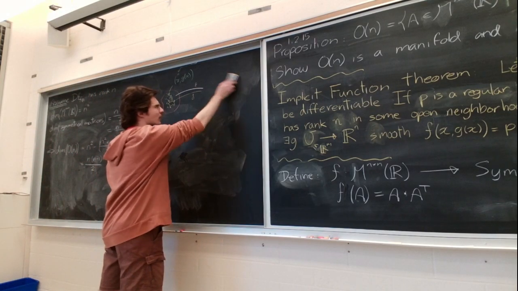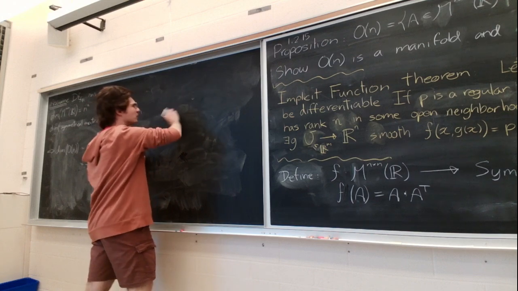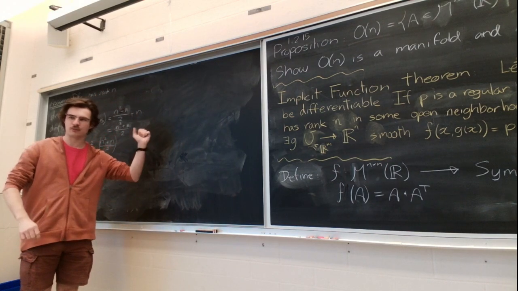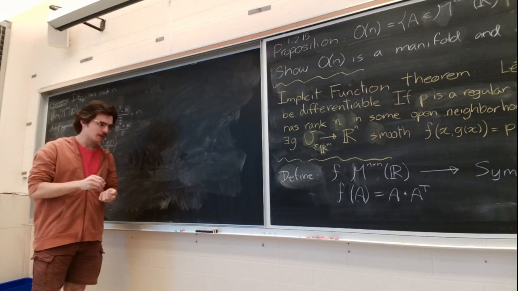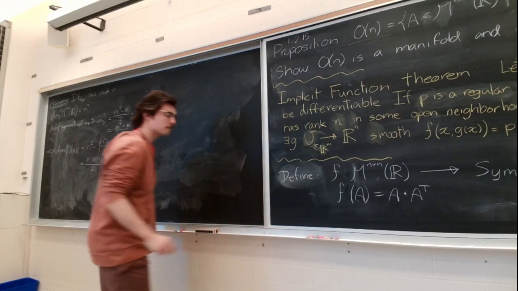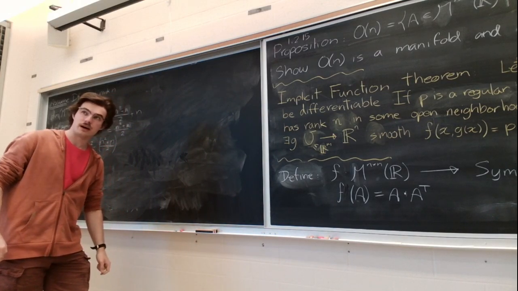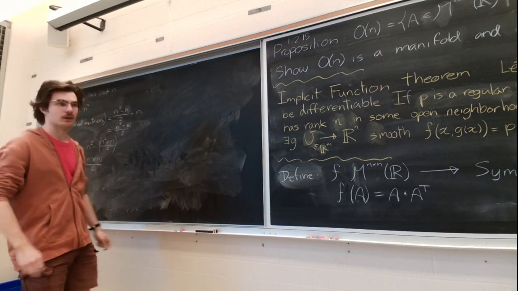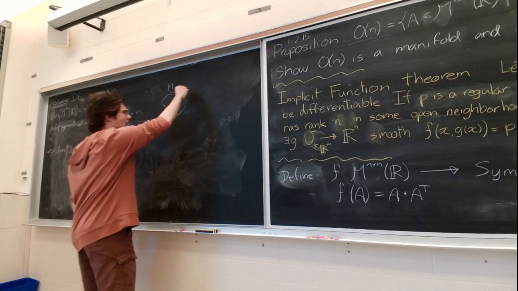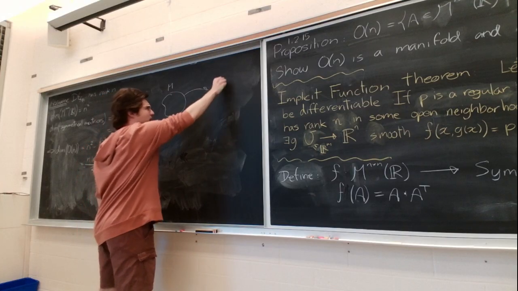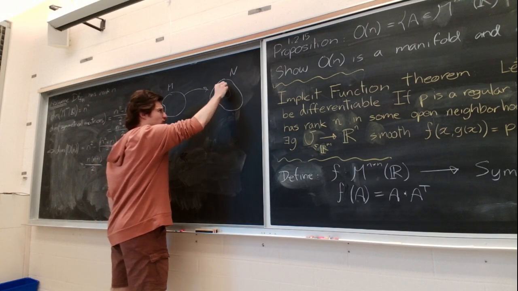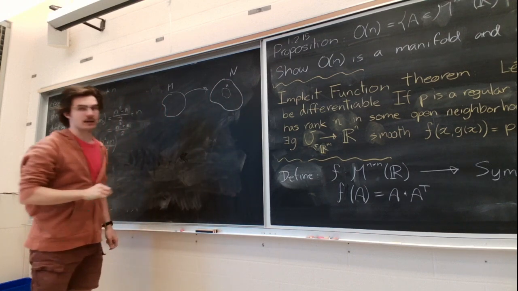The only reason this feels like a random thing to pull out is because you've only seen it once, in the context of, we will need this later. But the general statement of the implicit function theorem is actually pretty simple. Suppose I have a manifold M, and some other manifold N, and a submanifold H inside here.